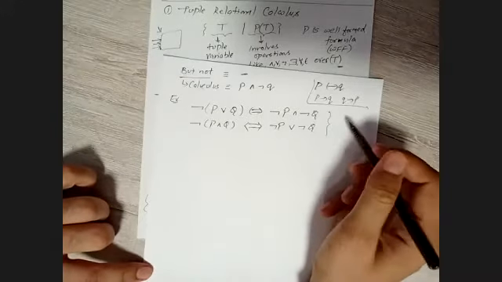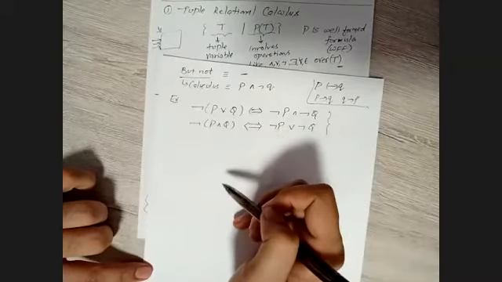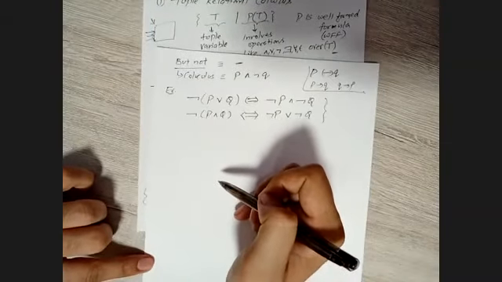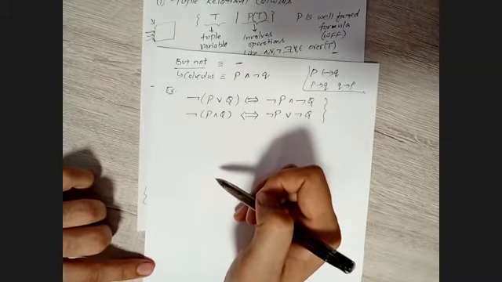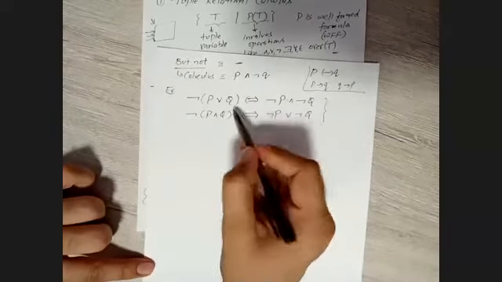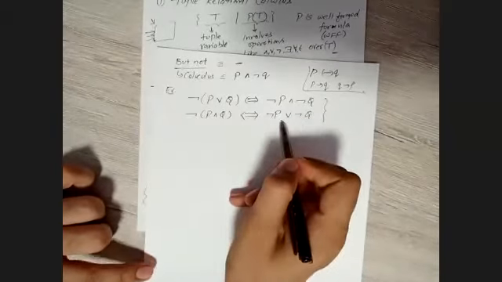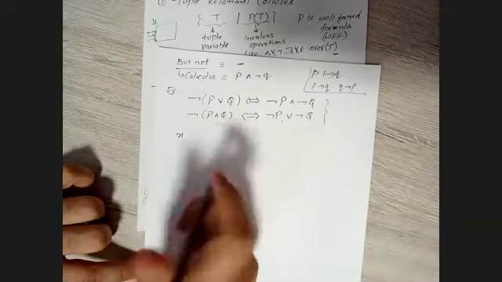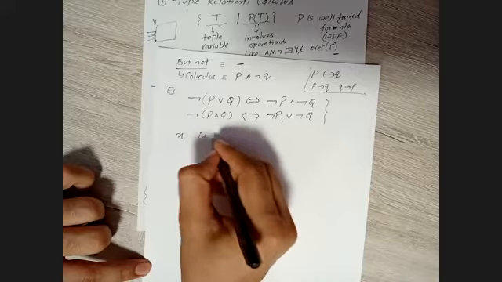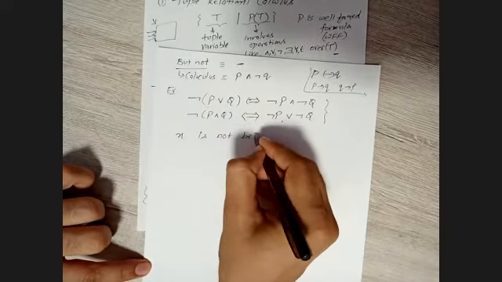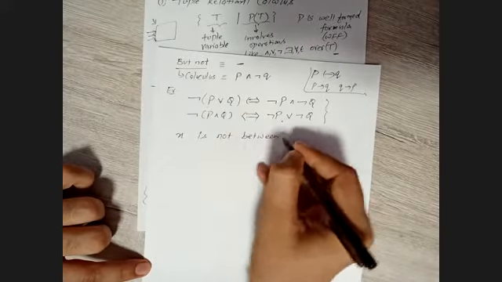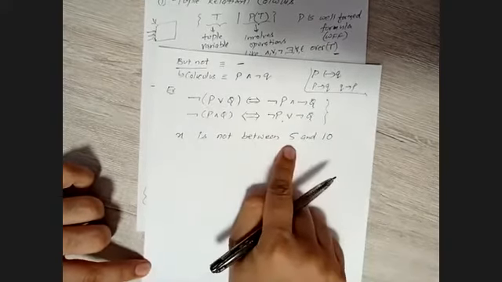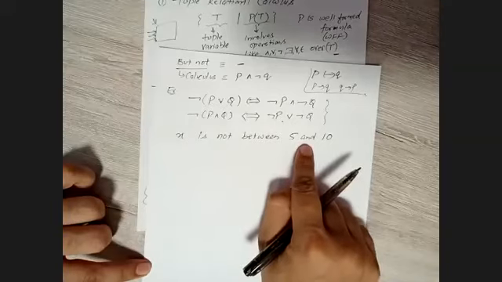To understand this, let us take another example with numerical values and see how these statements are equivalent. Let's say x is my variable, and x is not between 5 and 10. I want to write this statement in mathematical logic.